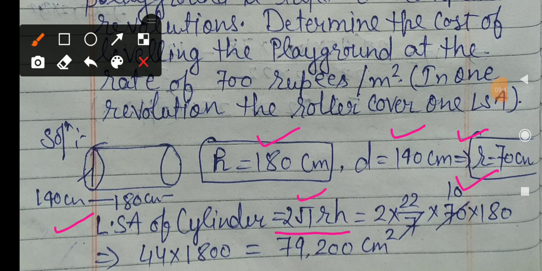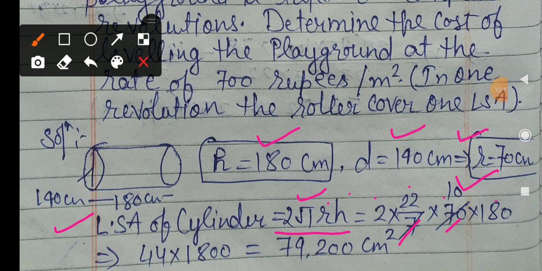And then you have to put the values of pi, r and h here. Then this is converted like 2 into pi, whose value is 22 upon 7, and r is 70 and h is 180, and then you have to cut this value with this value, and this is converted into 10. So 7 tens are 70.